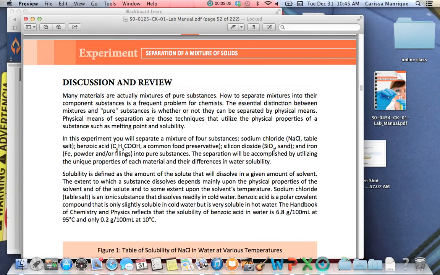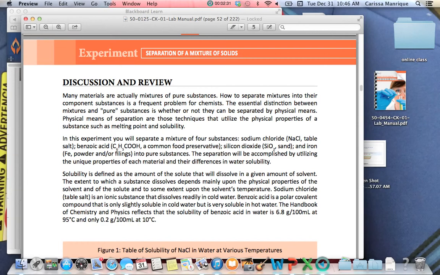Now, if it's actually a chemical reaction and you made a new product, you can't separate it out. That is your new product. So if you mix baking soda and vinegar, for example, those react together. Think about your volcano, you made it when you were little or something. You now made this new substance, and you can't separate baking soda and vinegar anymore.